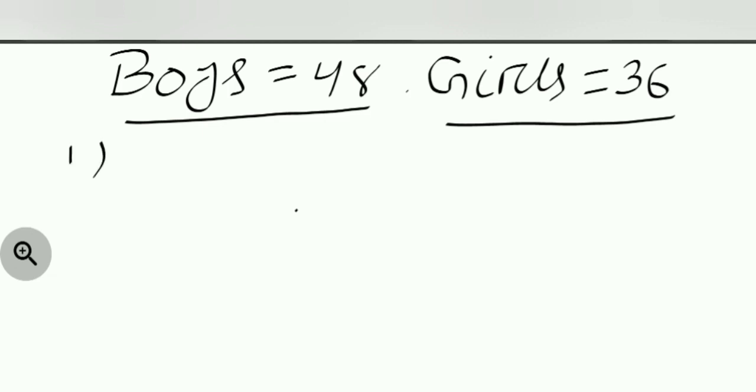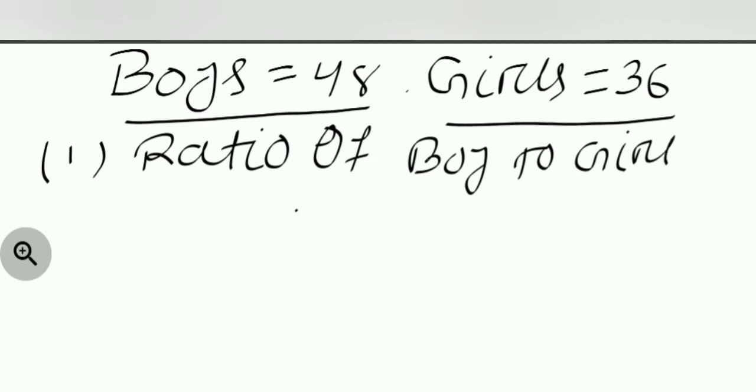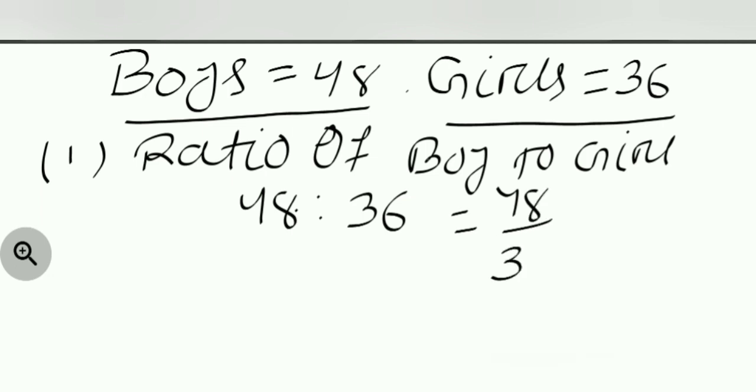Now let us discuss another example where in a class there were 48 boys and 36 girls. If our question is to find the ratio of boys to girls, then we have to find the ratio of 48 is to 36. Writing it in fractional form and then in simplest form, we get 4 by 3, which gives 4 is to 3.